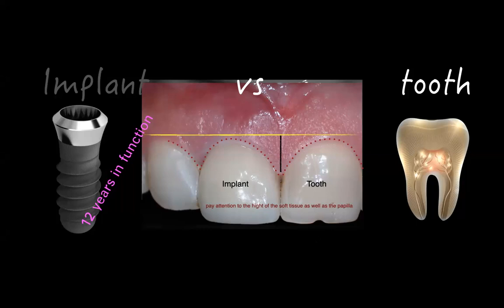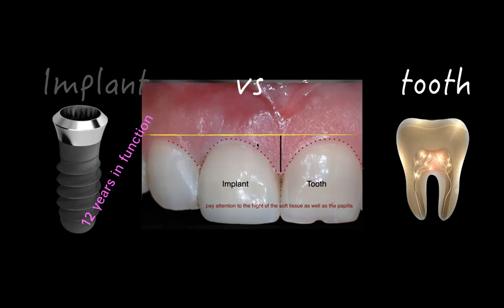But yet, if you follow all those protocols that we said, the distances, the proper placement in a 3D position in the premaxilla, you may come up with this situation. And of course, look at the soft tissue. I mean, this thick keratinized tissue is beautiful.